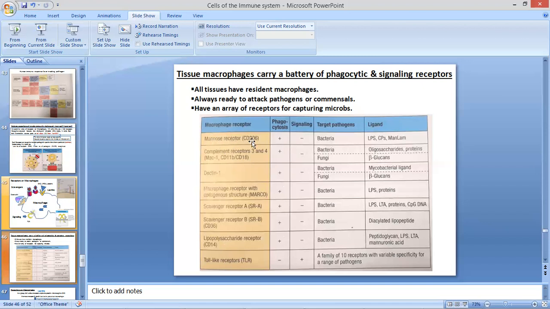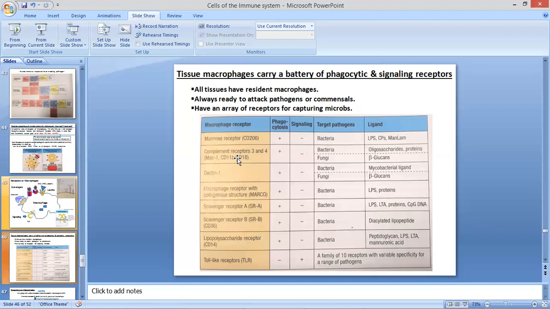For instance, this is the mannose receptor, which is also known as CD206, and this receptor binds to certain substances present on the surface of certain bacteria, for instance, the lipopolysaccharides, etc. These are part of the bacterial membranes, and when the receptors bind the LPS, etc., this binding can lead to increased phagocytosis of that particular bacteria.